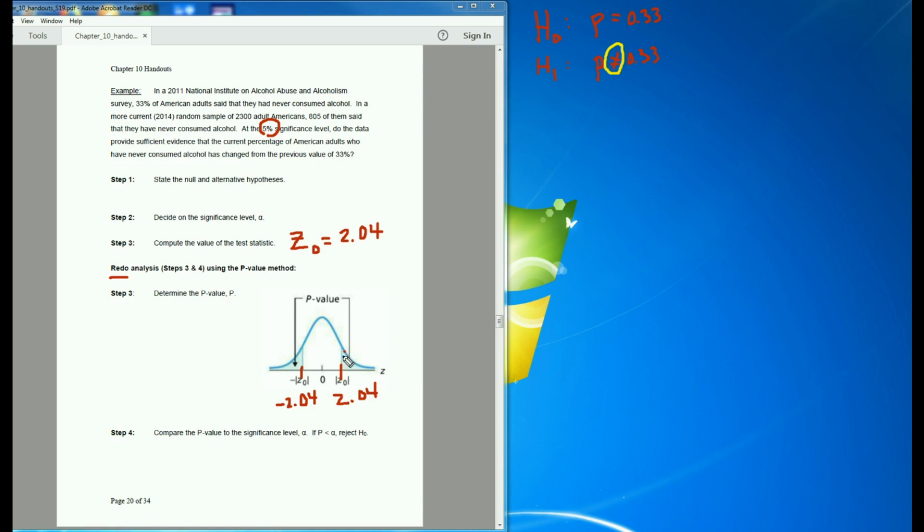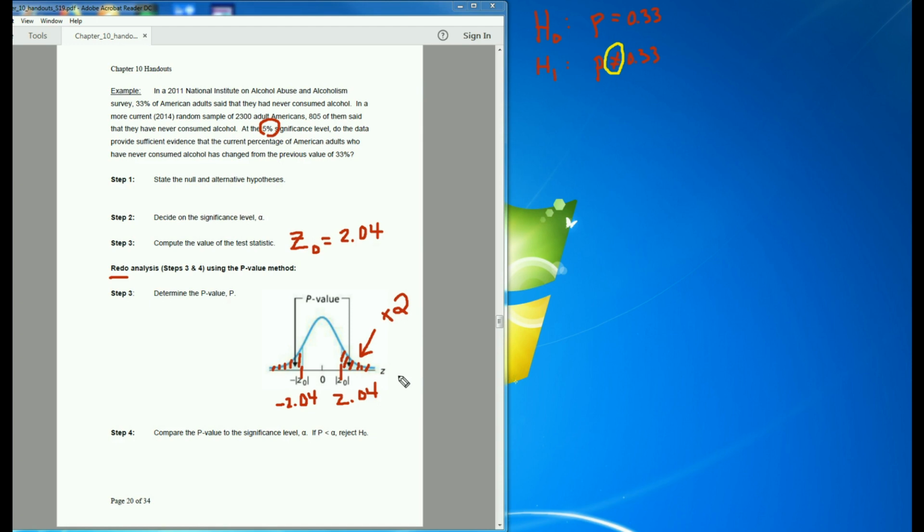Because of that, we have to calculate both of these areas. In other words, the area beyond the test statistic times 2. Since our test statistic was positive 2.04, we want to find this area and multiply it by 2.